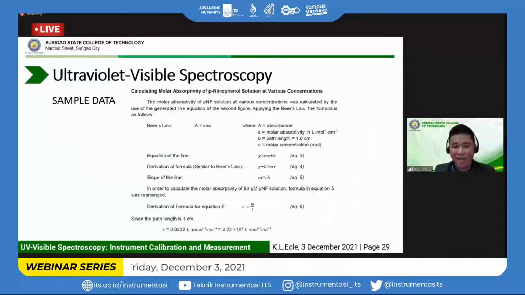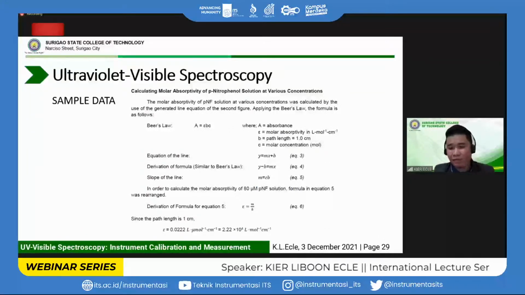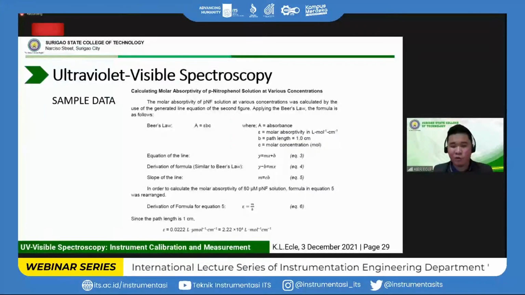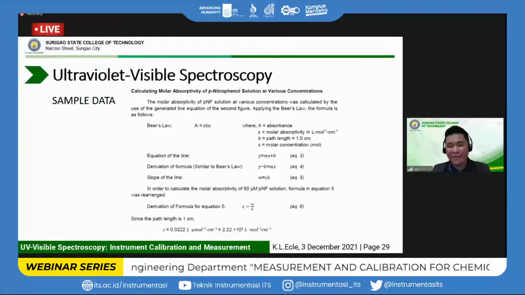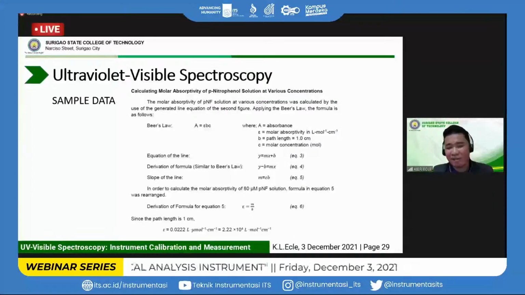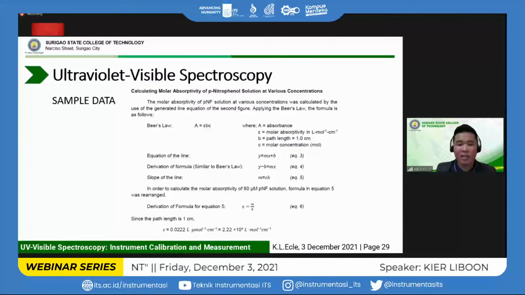We find that the molar absorptivity of the PNF solution is equal to 2.22 per molar per centimeter. So this is an example of data measurements and calibration using the Vis Spectrophotometer.